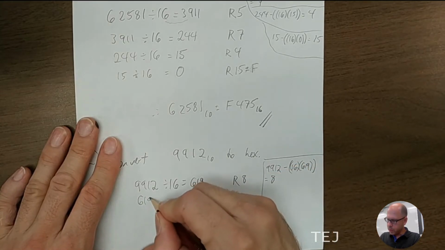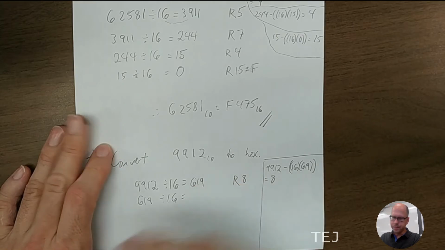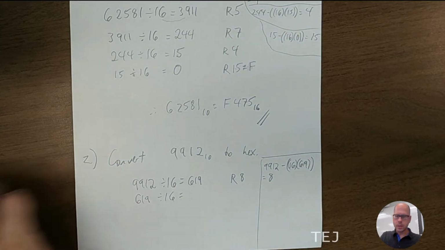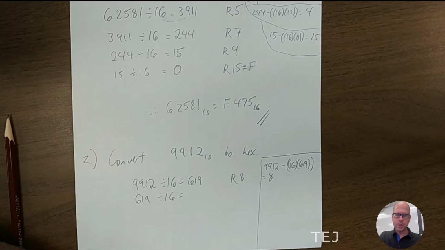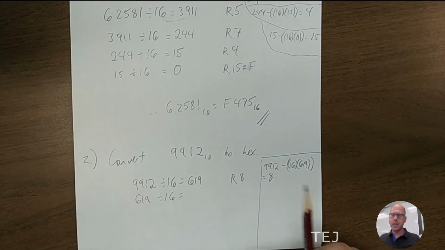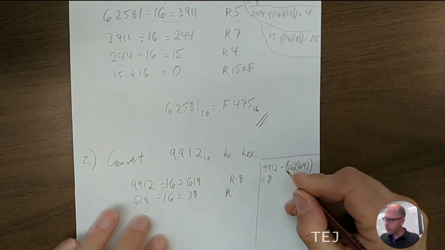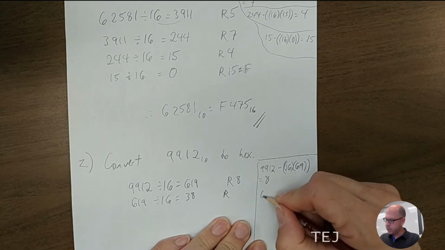Now we have 619 divided by 16. I won't pause this time. 619 divided by 16, 38.68, blah, blah, blah. So we're going to take the whole number, 38, and to find the remainder, we're going to do 619.